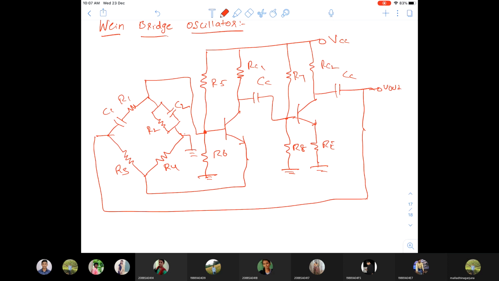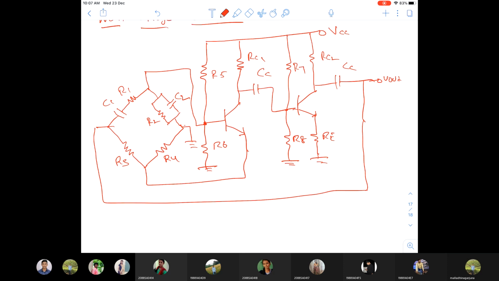Okay, coming to the Wien-Bridge oscillator. Now let us look at this circuit. Here two CE amplifiers are used.